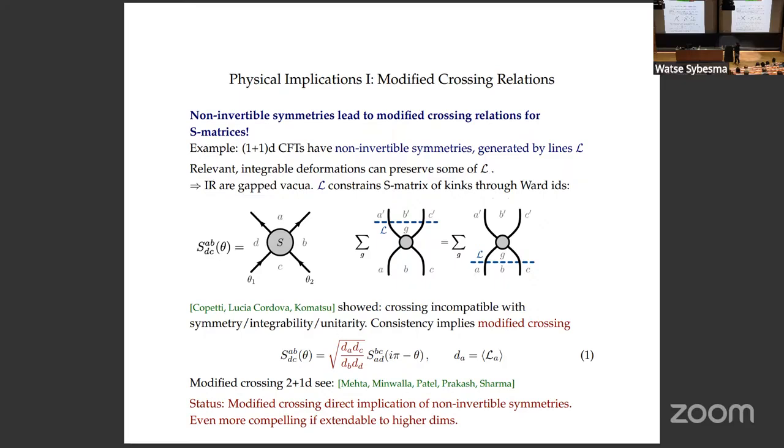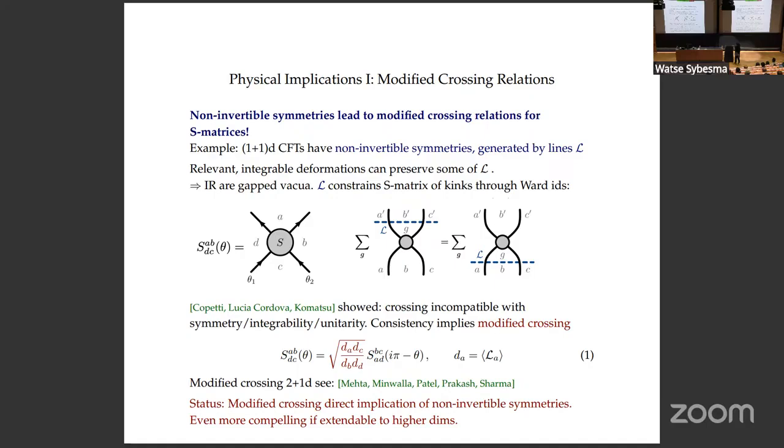So the idea is if you have a 2D CFT, a rational CFT, it has these non-invertible so-called Verlinde lines. These form one of these categorical structures. And if you now have a relevant deformation that preserves some of these to an integrable theory, so a massive theory, then in fact the scattering gets modified by the consistency with that symmetry.